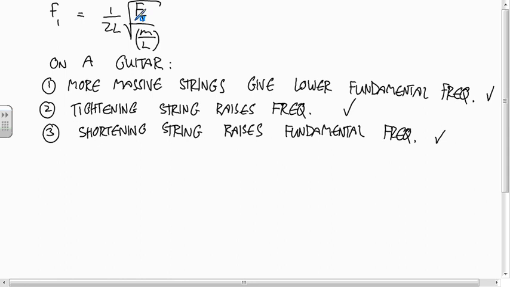And the wood picks and chooses the ones that it's good at doing. And so that's why we're only talking about string properties here, but the wood of the guitar is what actually produces the sound wave that you hear.